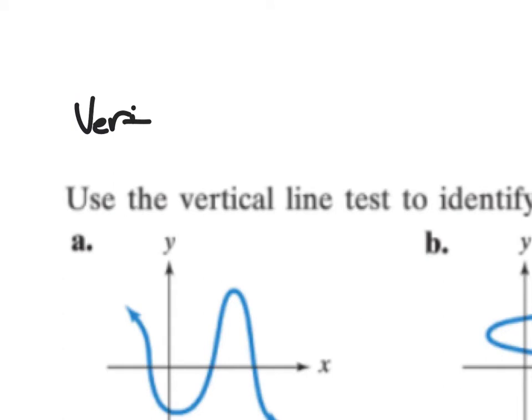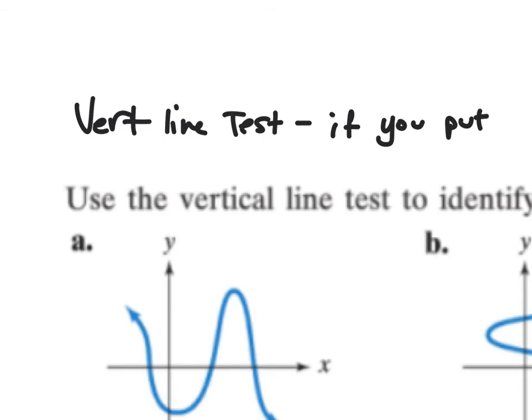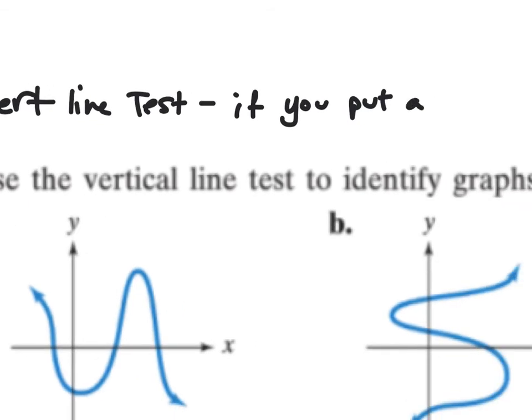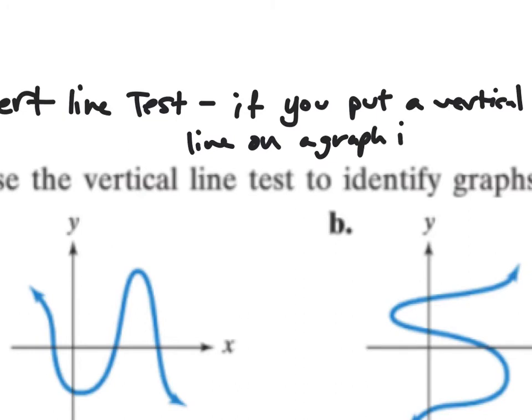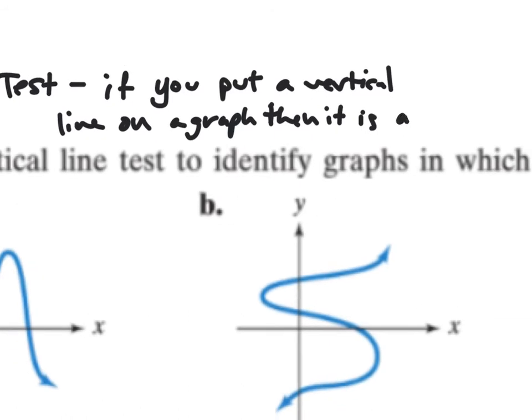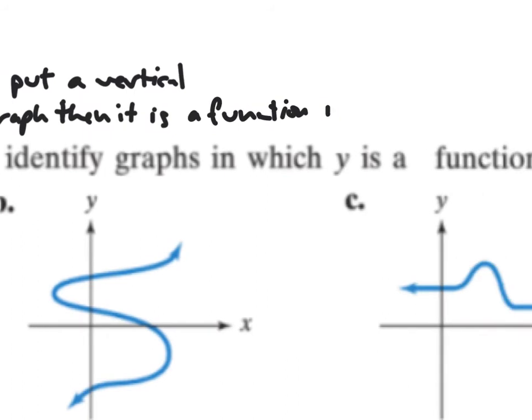So the vertical line test. If you put a vertical line on a graph, okay, then it is a function if the line passes through exactly one point at any point.